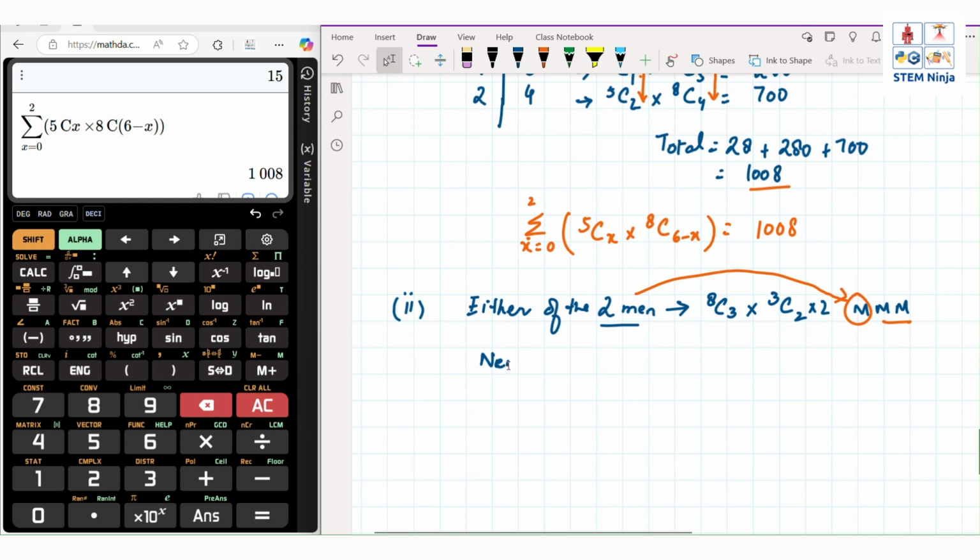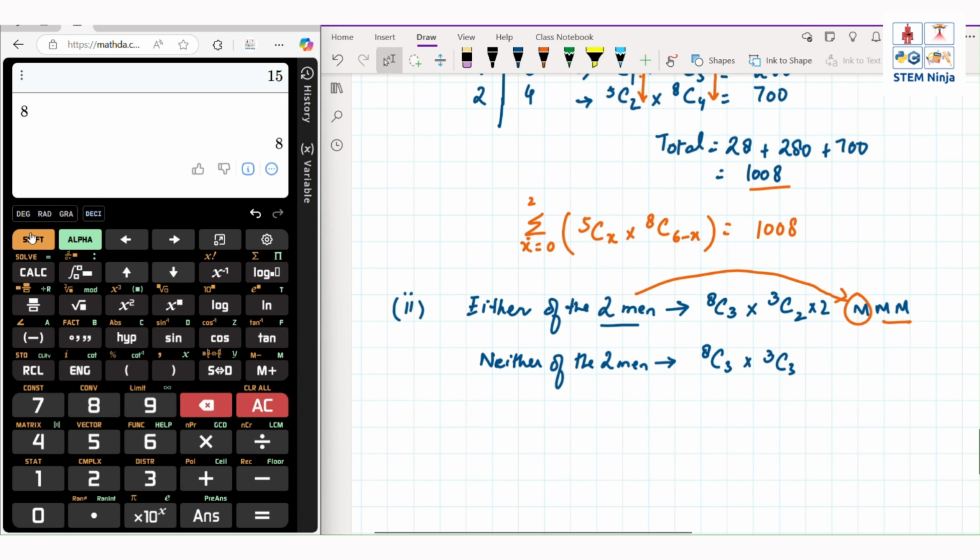We will also have neither of the 2 men. What if neither of the 2 men are selected? So again, we have 8C3 times by, now we have the 3 people who are not part of this fight over here, so we can choose any one of them.